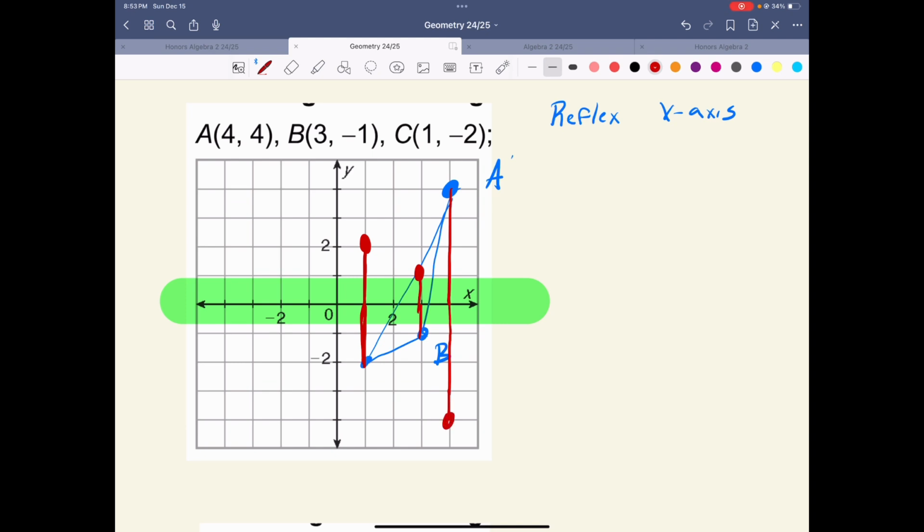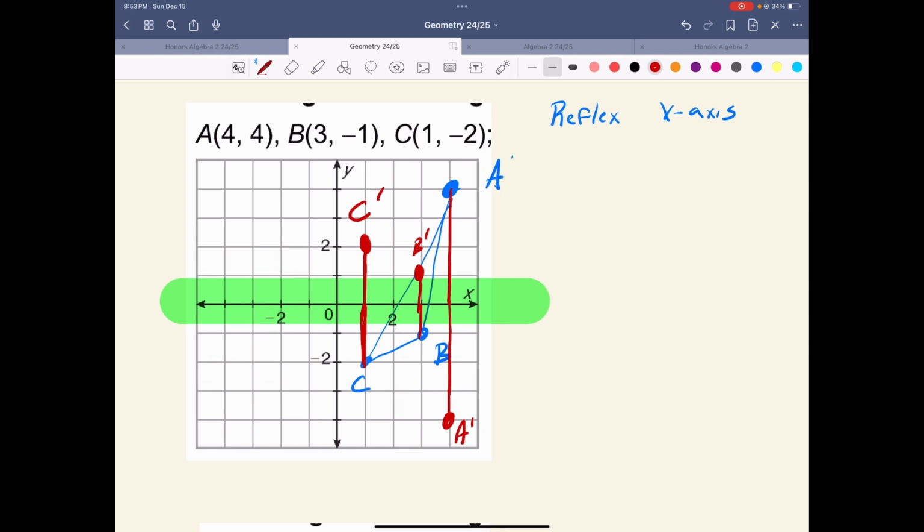Now, how do we name these? Well, in this case, ABC was kind of my original image. So my new image, we're just going to call this point C prime, this point B prime, and this point A prime. Okay, it's image and pre-image.